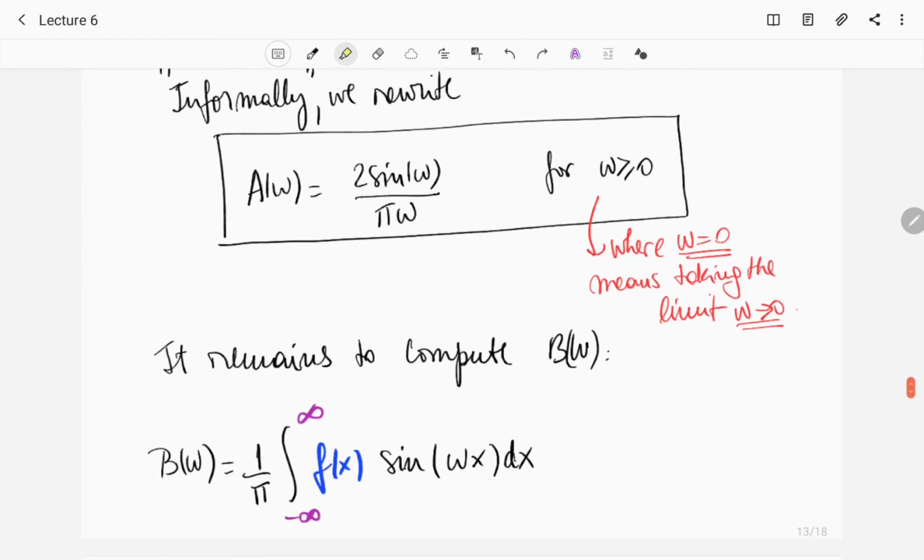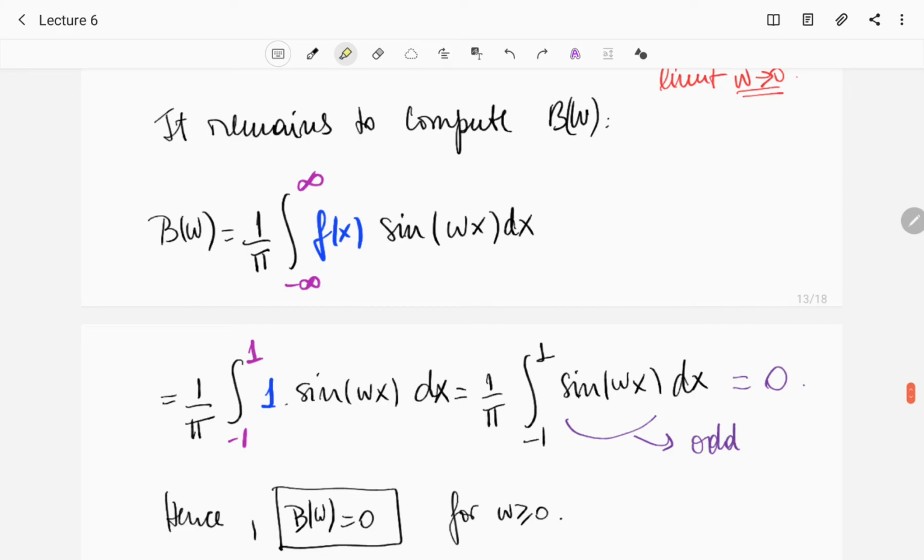Let's compute b. So for b we have this definition again, same factor, 1 over pi in the front, the improper integral from minus infinity to infinity of f of x sine of omega x. And again, now we use the definition of the function, which makes minus infinity and infinity go to minus 1 and 1, and the value that the function takes in that interval is just 1.